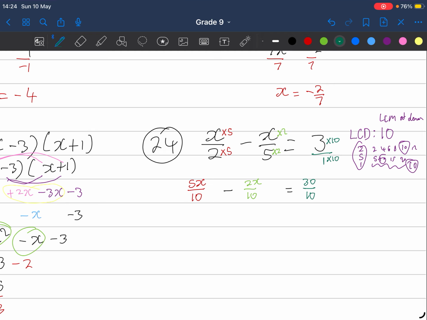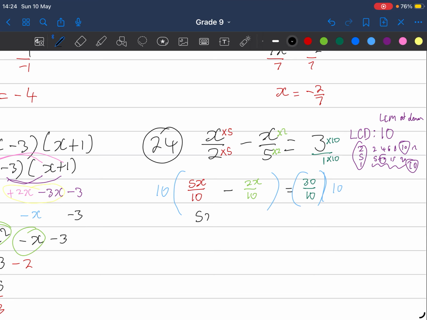Now that all my denominators are the same, I ignore the denominator, but the way we actually do this is we say we're multiplying both sides by the denominator, which allows us to negate them, which you should show. But the concept is that if you multiply this into this, the 10s cancel, the 10s cancel, the 10s cancel, and all you're left with is this new expression that looks like this.